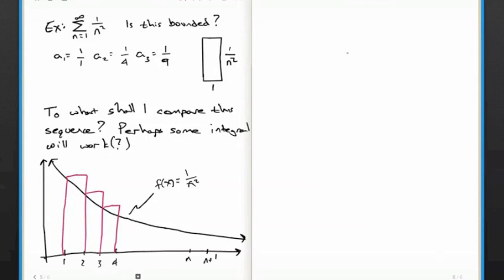So I've got the sum from n equals 1 to infinity of 1 over n squared. I can compare that to this integral, except by looking at this, I realize that my integral really is here. My integral from 1 to infinity of 1 over x squared dx.